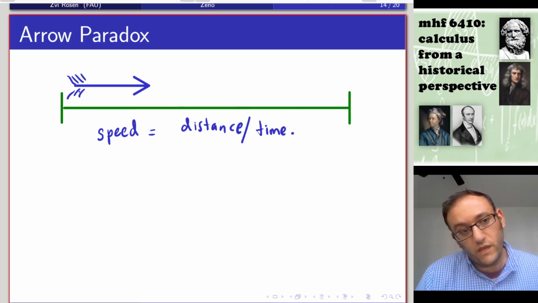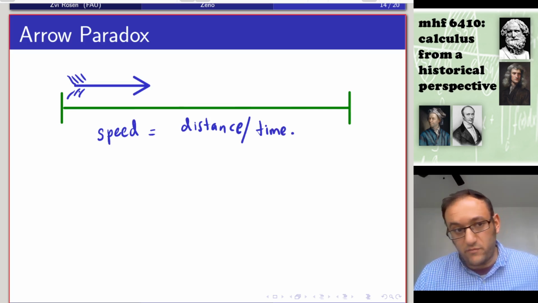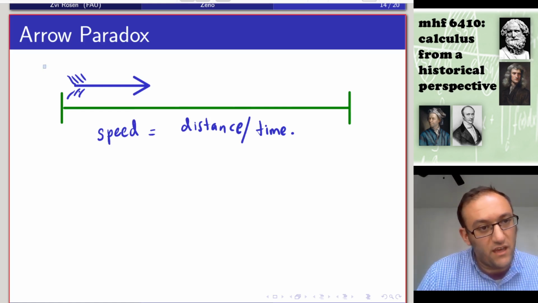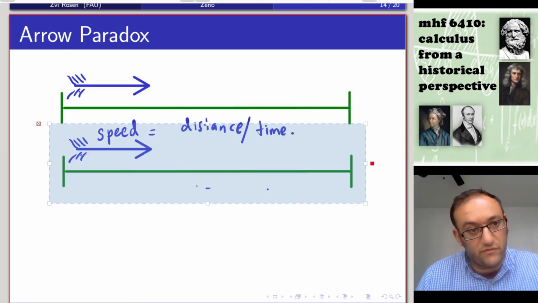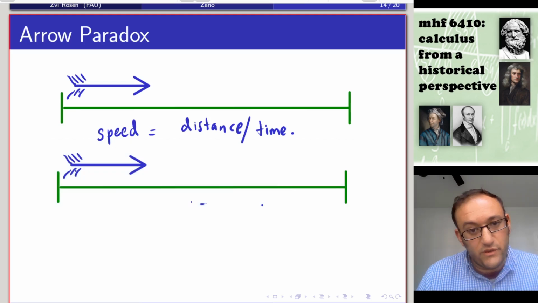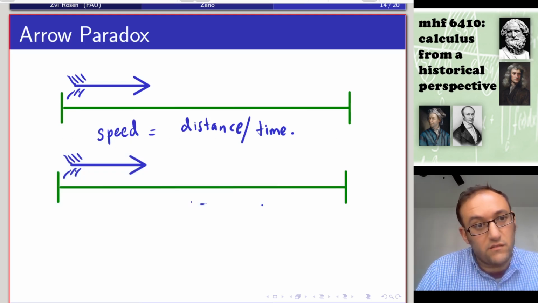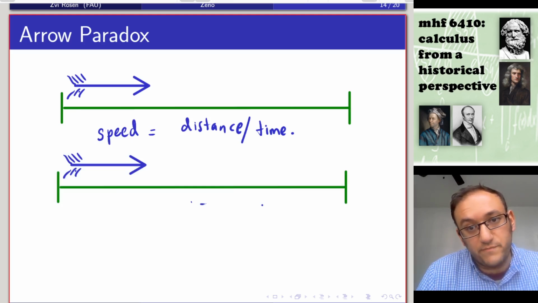Okay. Well, that's great, but we know that the speed of the arrow might change over time, so let's say we want to get a really close estimate for the speed of the arrow. So what we could do is take a shorter window.